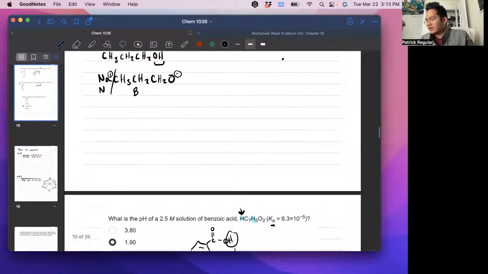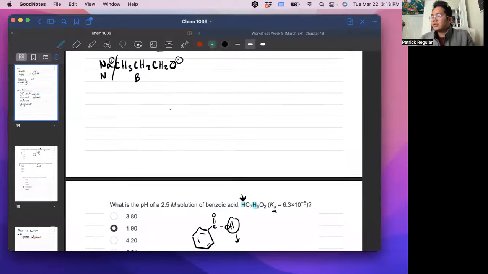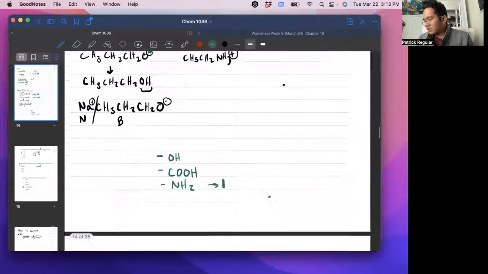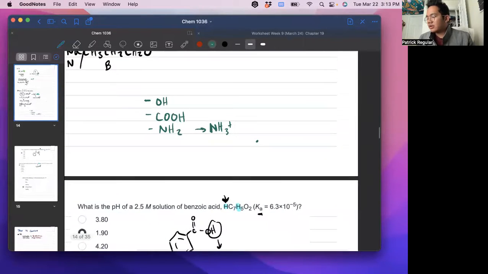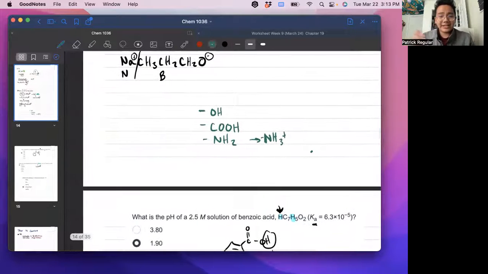Here, let me make a quick list of certain compounds you will see. The ones that we've covered so far: OH, your alcohol; your carboxylic acid, which can be COOH; your NH2, right? And let's just take another step. If NH2 is protonated, there we go, you get NH3 plus, let's pretend it's connected to another carbon chain.